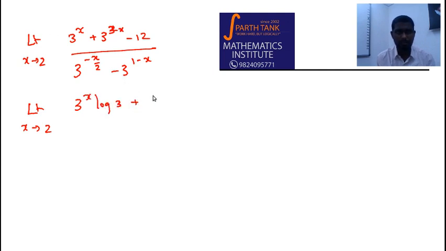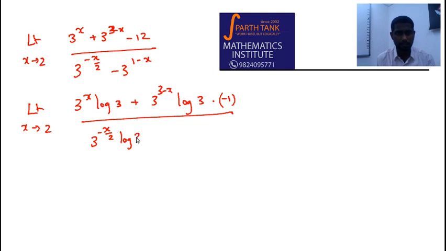Now this function becomes 3 to the power 3 minus x log 3, and then a minus 1 when I differentiate 3 minus x. 12 is gone. This term becomes 3 to the power minus x by 2 log 3 into minus 1 by 2. This becomes 3 to the power 1 minus x log 3 into minus 1.